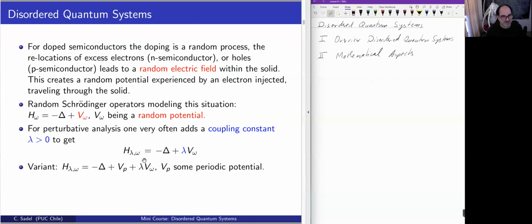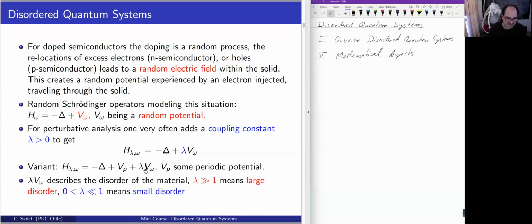You may also add some periodic potential sometimes, because maybe you have some material that has some periodicity, and then you add some disorder to it. So this random part, lambda times V_omega, is what describes the disorder of the material.